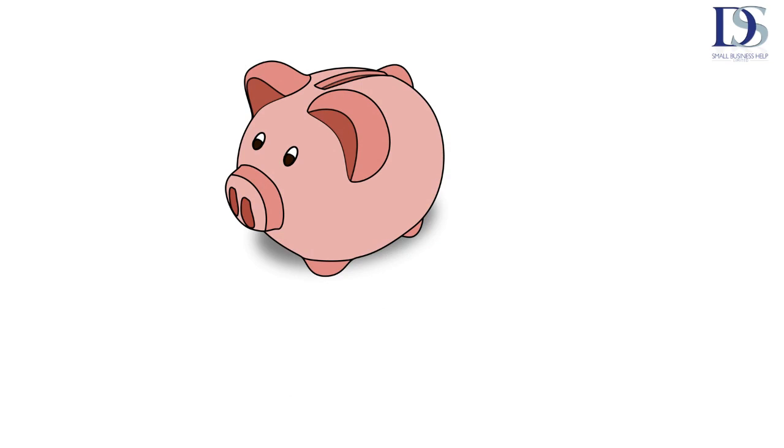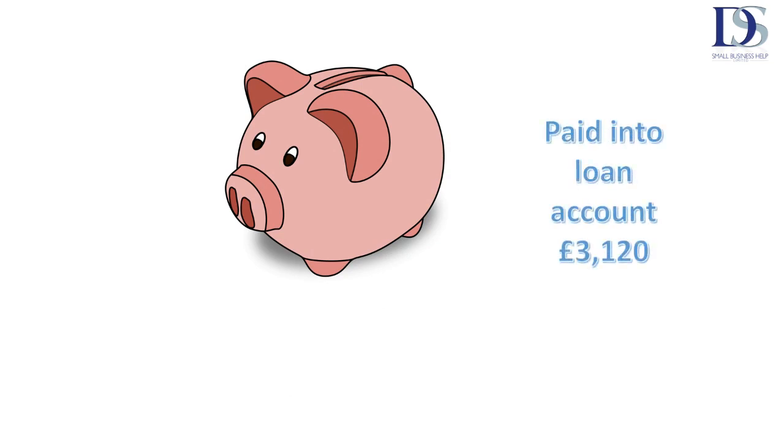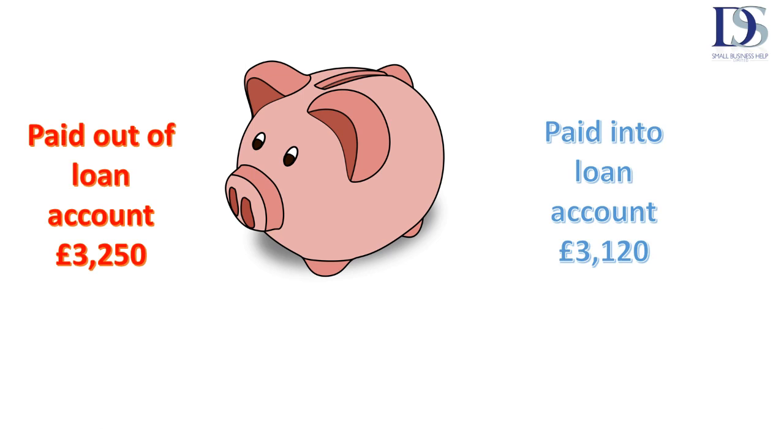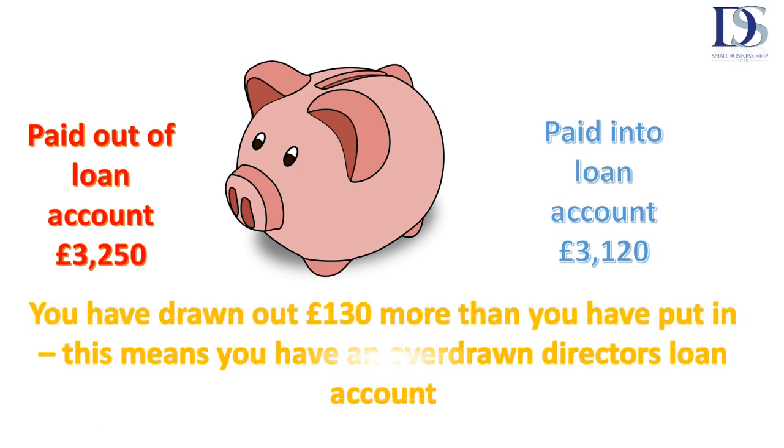So we have £3,120 paid into the loan account and £3,250 paid out. That means that our director shareholder has drawn out £130 more than has been put in. This means there is an overdrawn director's loan account.